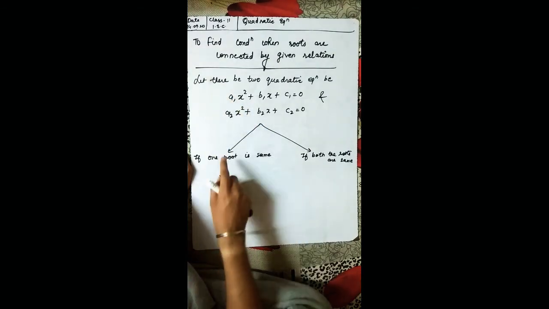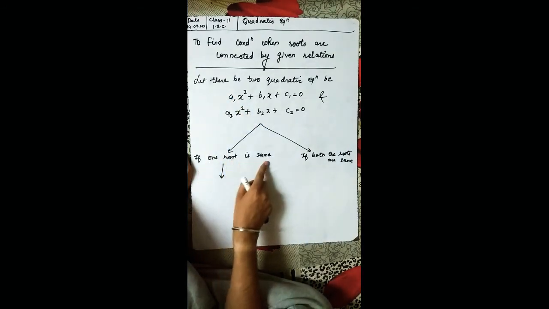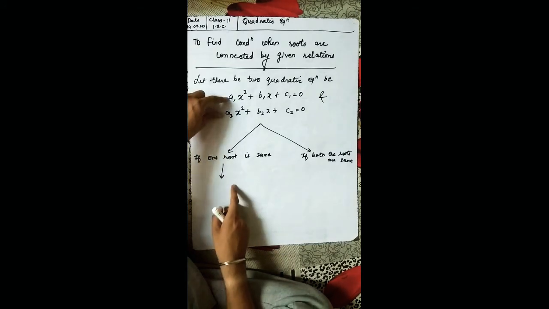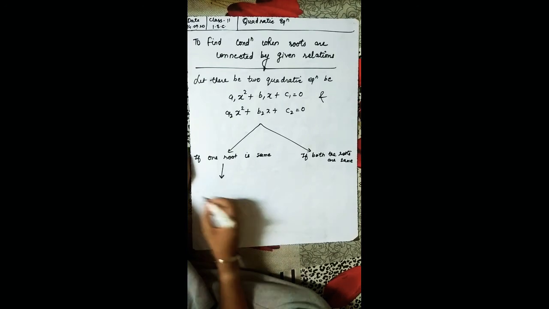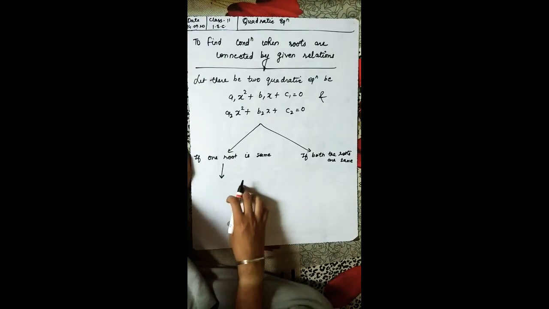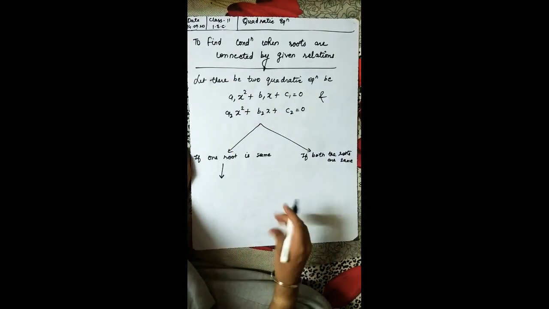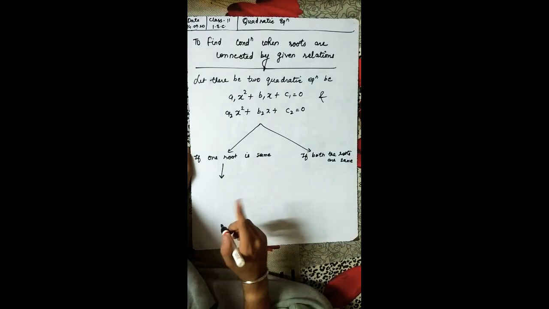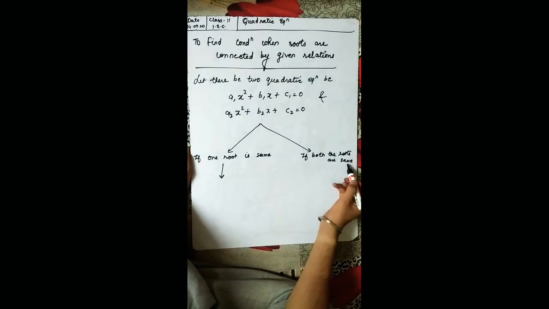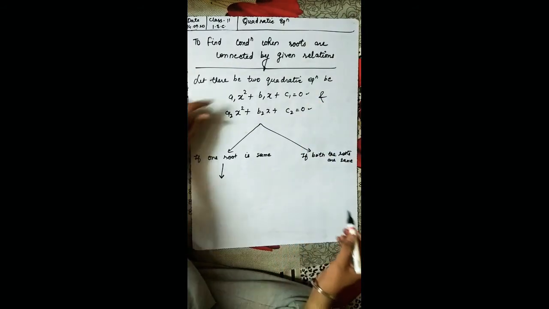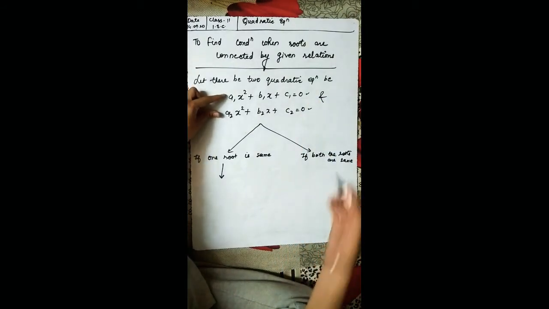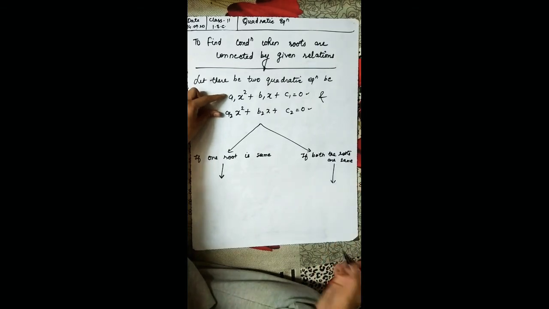If one of the roots is the same, that means if one root is common, by which condition will you check that these two quadratic equations have one common root? And if both the roots are the same, what will be the particular condition for it?